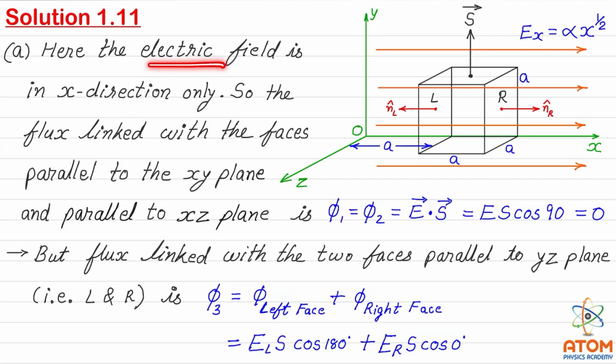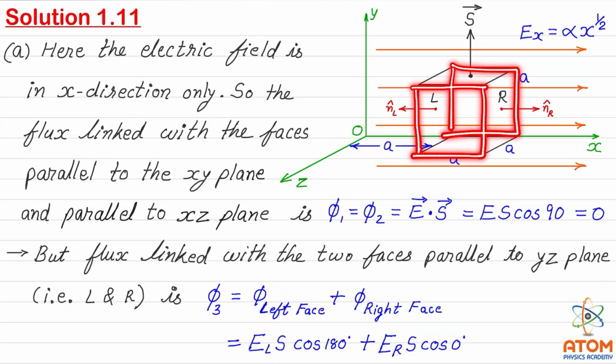Here, the electric field is in the x direction only. So, the flux linked with the faces parallel to the xy plane and parallel to the xz plane is, let us say, phi 1 and phi 2. Let me clarify this. See, this is the xy plane. That's why the front face of the cube, as well as the backward face of the cube, are parallel to the xy plane.